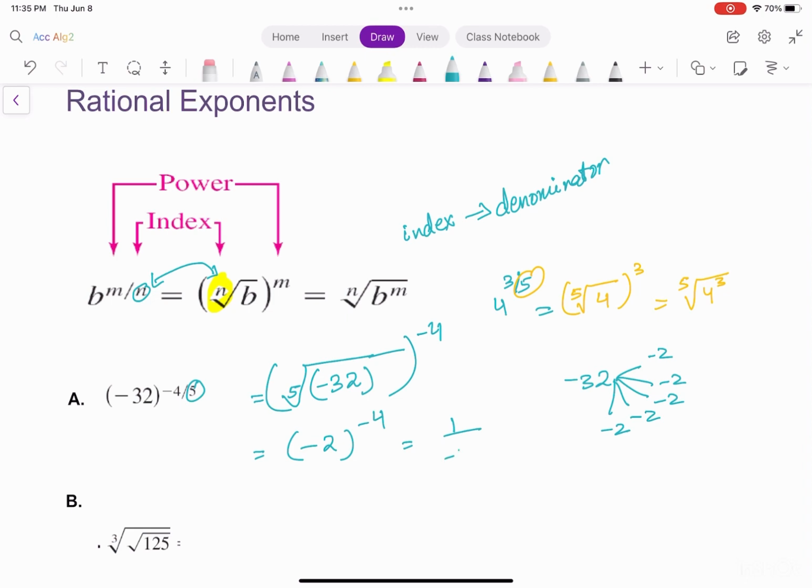So I can rewrite in the form of a fraction. And then we can simplify it further. So 1 over 16, that is your final answer. Because anything to the power of a negative exponent, we can rewrite it as a fraction.